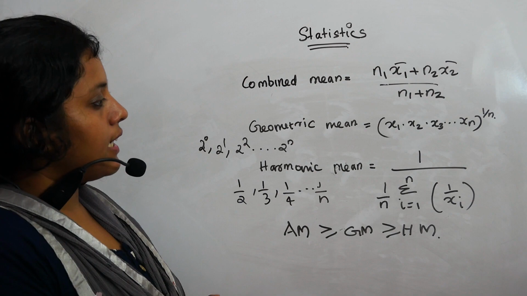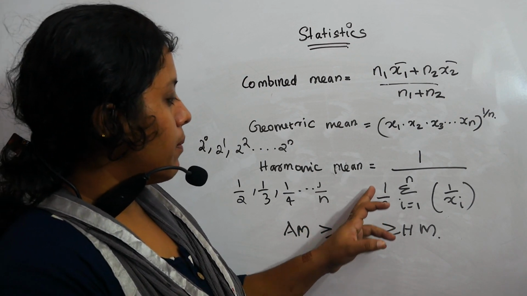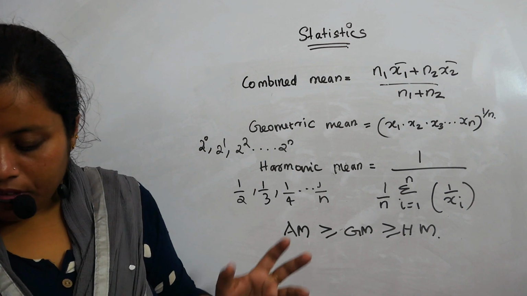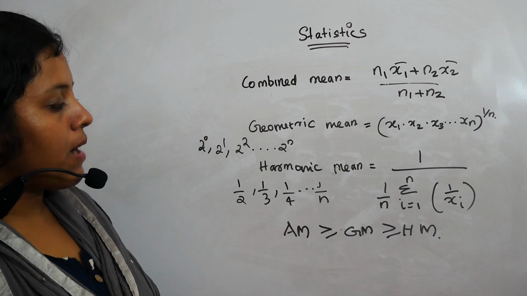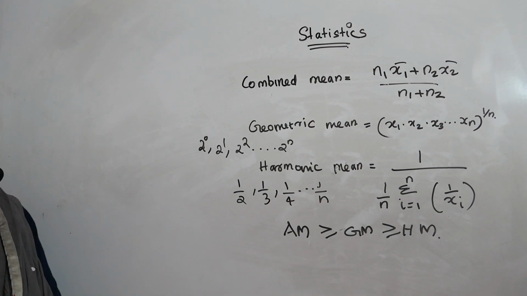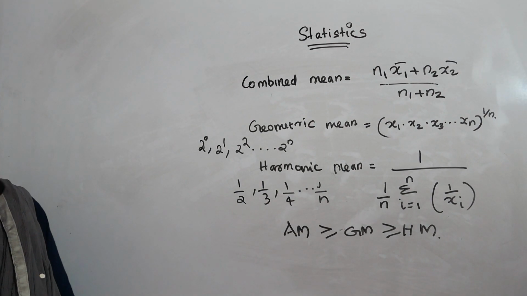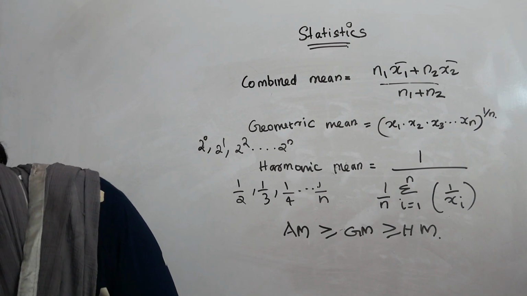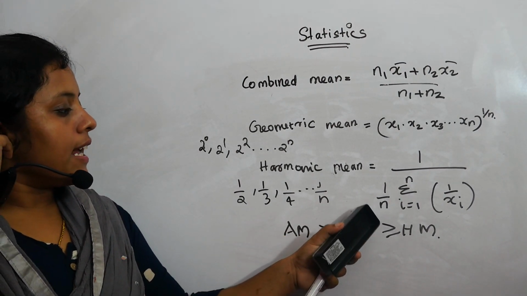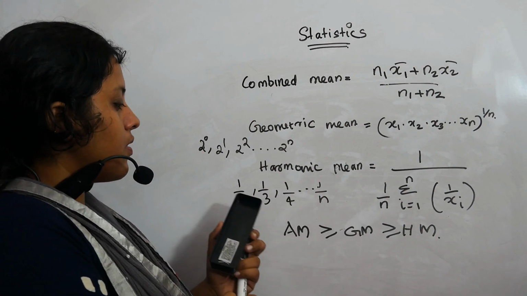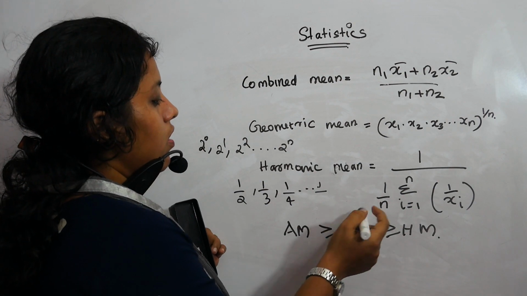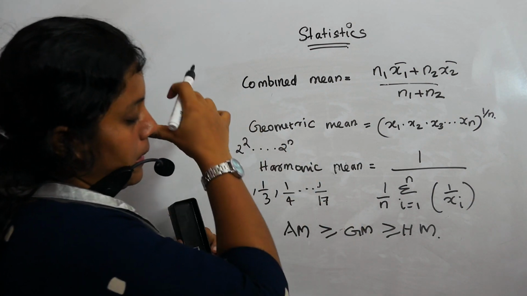Here the harmonic mean can be found as 1 by n into sigma, i equal to 1 to n, 1 by xi. So that is your harmonic mean. Understood? What does this n mean? n means the number of terms. Suppose we have up to 17 terms.